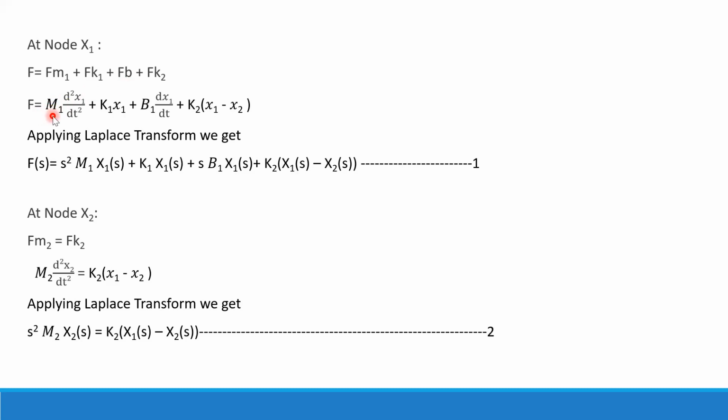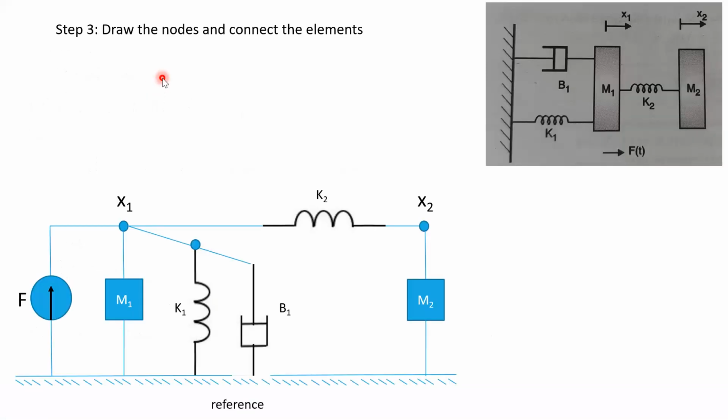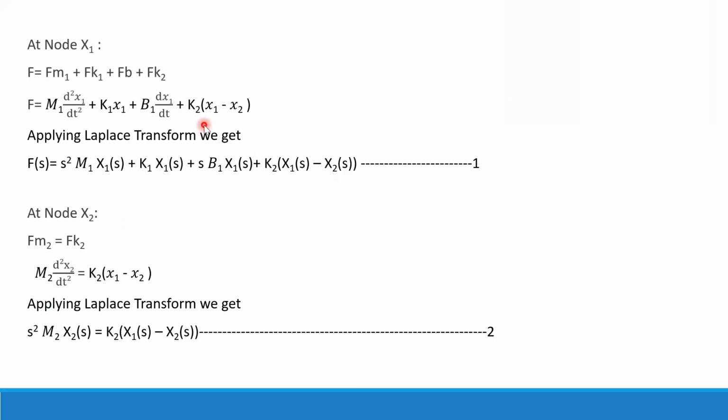So mass will be represented by m1 d2x1 by dt square. For spring it is k1 x1, for damper it is b1 dx1 by dt. And for k2, since k2 is connected between x1 and x2, the value of capital X will be equal to x1 minus x2. So you will write k2 in brackets x1 minus x2.